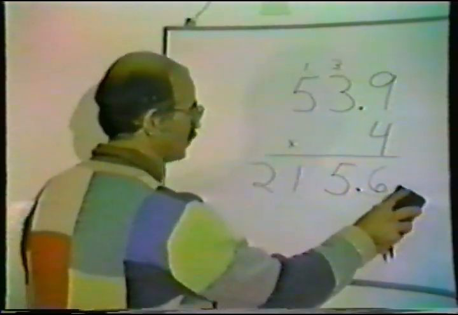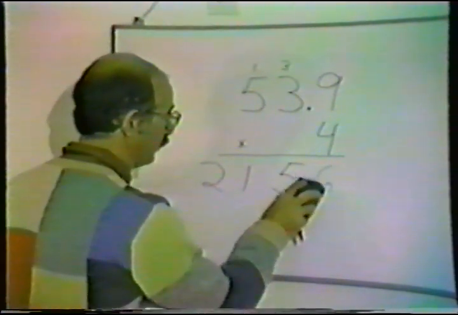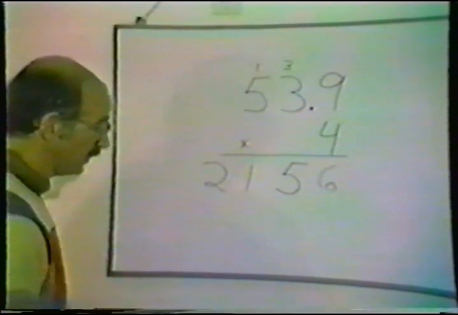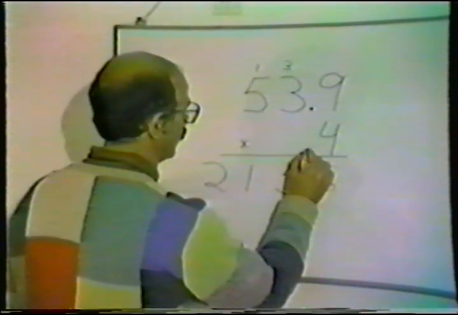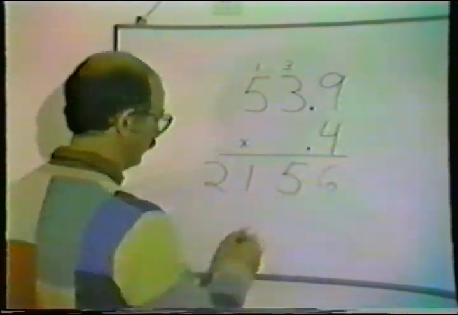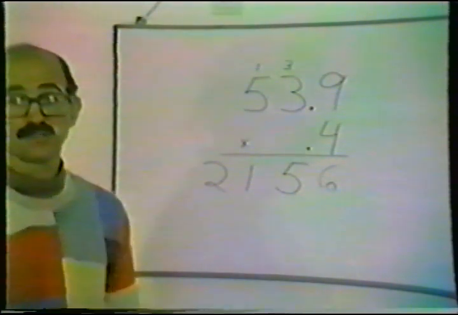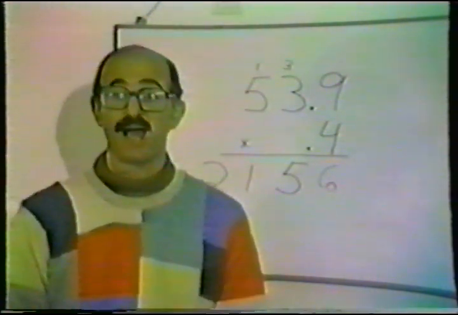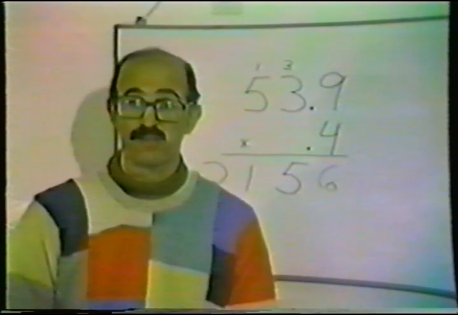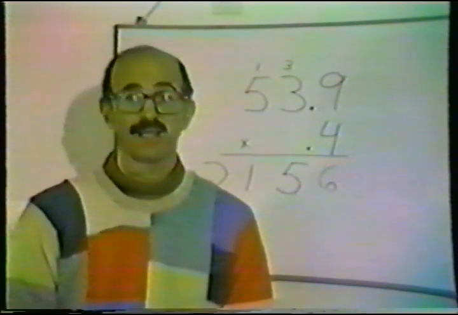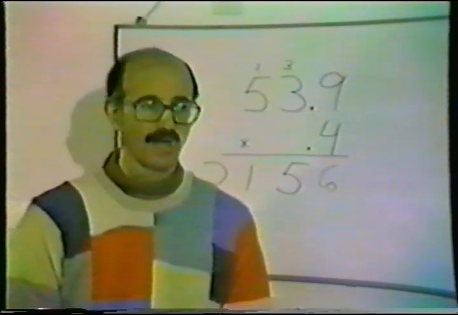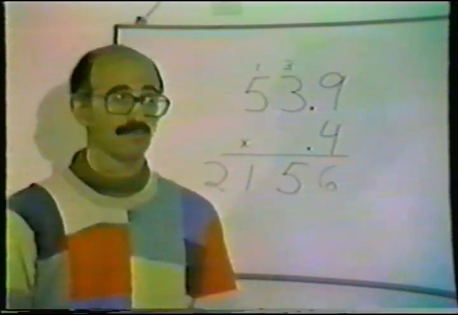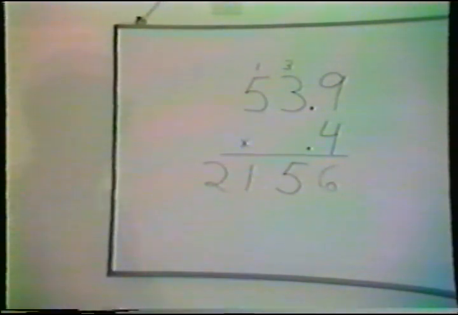Now, let's change the problem just a little bit again. Let's put a decimal point here. And I ask you the same question. How many places are there in the problem that are to the right of decimal points? 2.